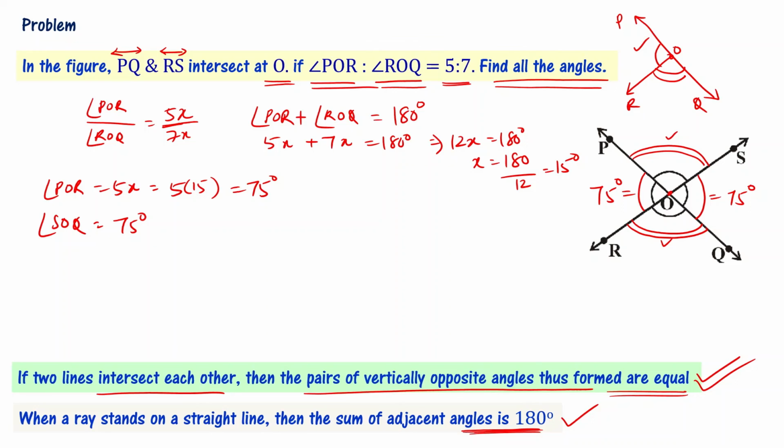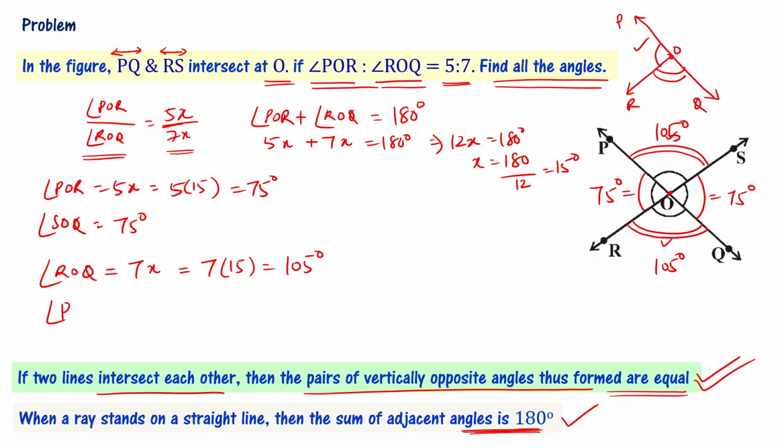The next one is angle ROQ, which is 7x. It means it is going to be 7 times 15. This is going to be 105 degrees. Let me write that ROQ is 105 degrees. So since POS is the vertically opposite angle, that is also going to be 105 degrees.